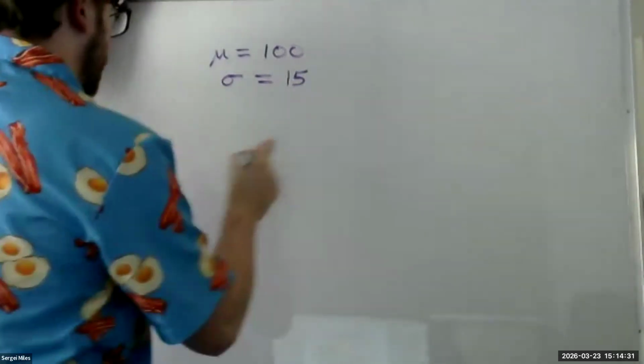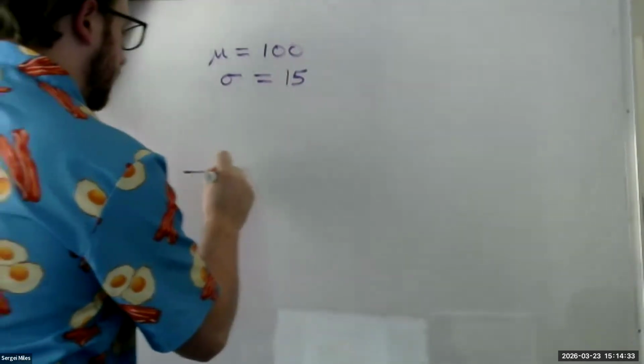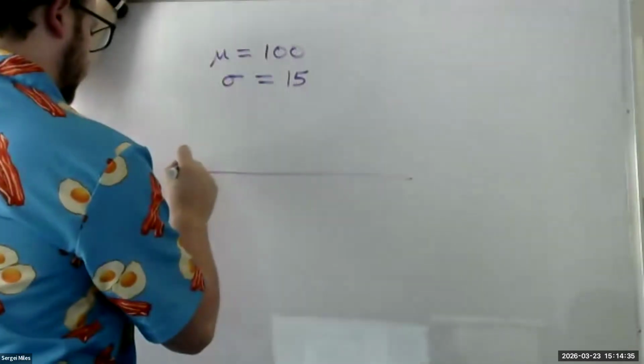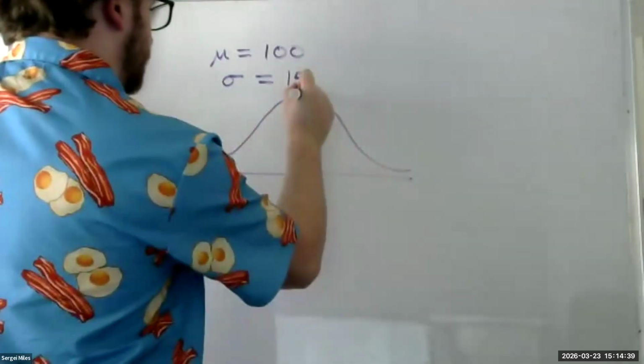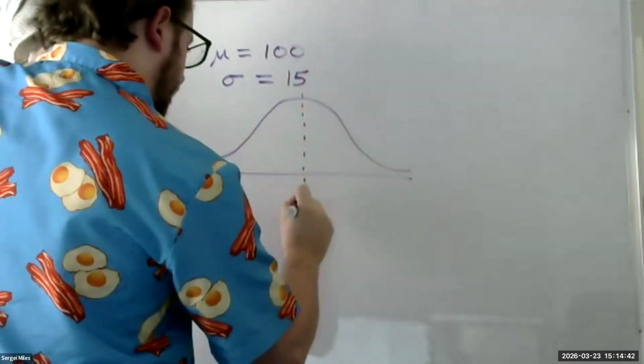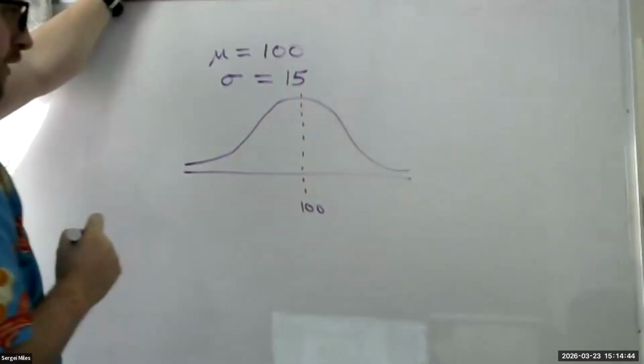Okay? Now, according to the empirical rule, if I'm looking at this normal distribution, I've got 100 here in the middle.